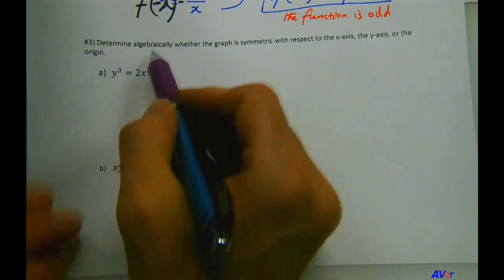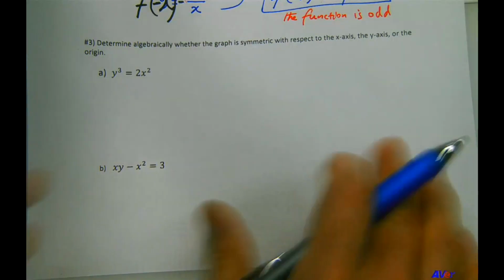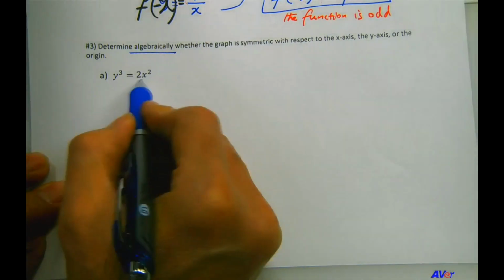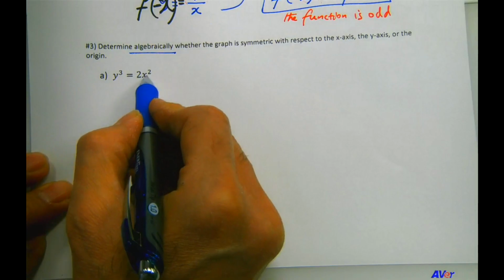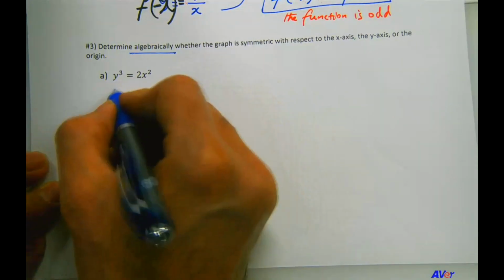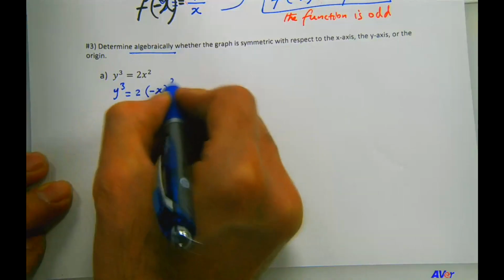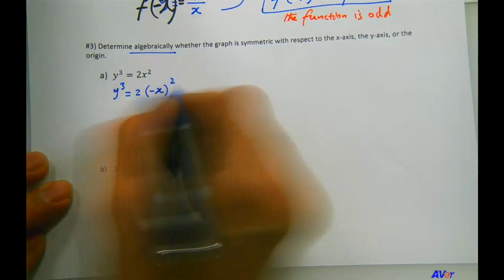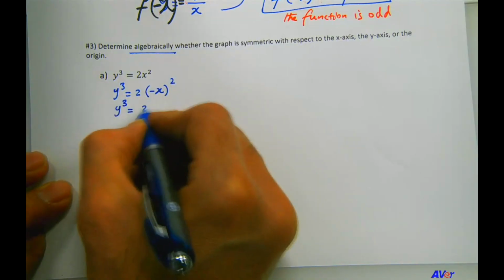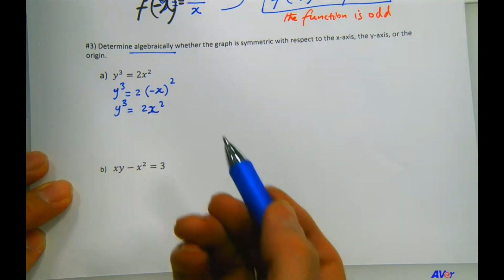So, determining algebraically, I'm assuming you've done that, and now you have your solution in front of you. Which means, algebraically, let's replace x with negative x, right? And see what happens. y cubed equals 2 times minus x squared. Now let's simplify this. We end up with y cubed equals 2x squared. We ended up with the same function, right?